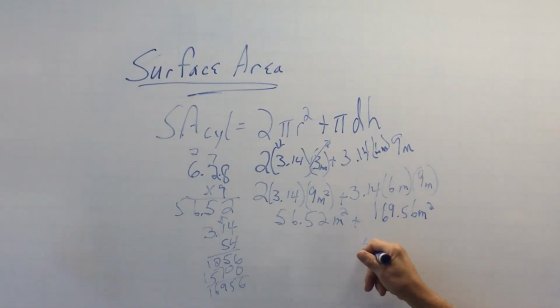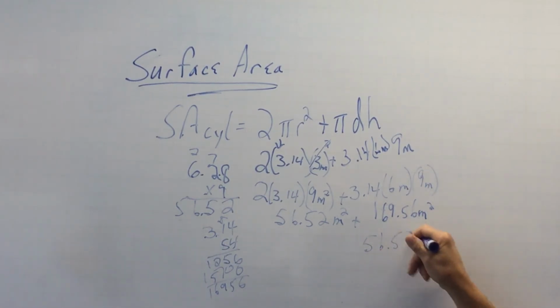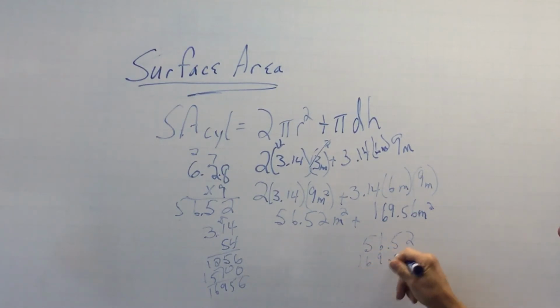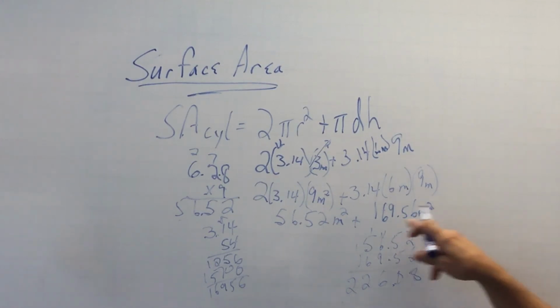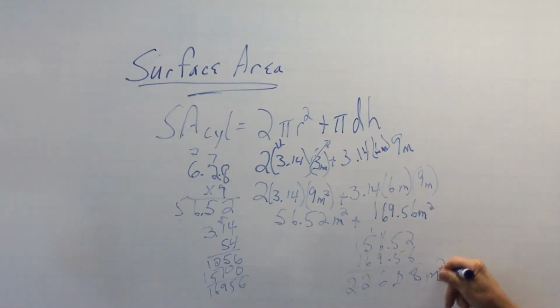And then you add those two to get your final answer, which again, you could do by hand, but I definitely recommend that this is one time that you use your calculator, and your answer is 226.08, but it's meters squared.